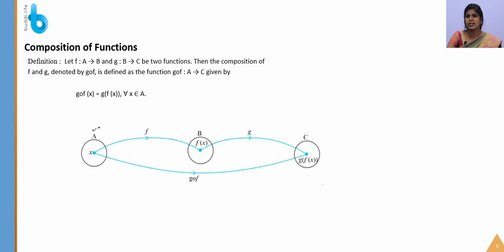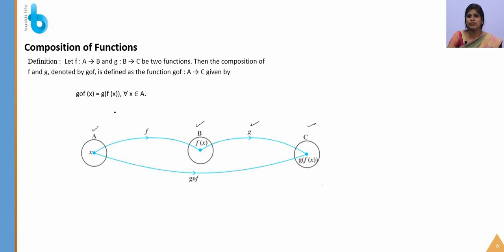See, there are three sets. f is a function from set A to B, that is for the function f, A is the domain and B is the codomain, and for function g, B is the domain and C is the codomain. Okay, so f is a function from A to B and g is a function from B to C.